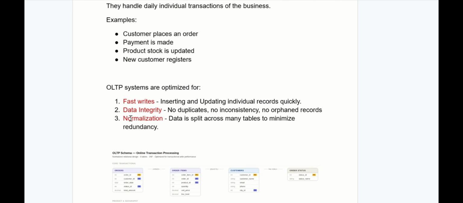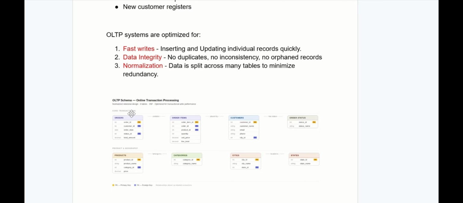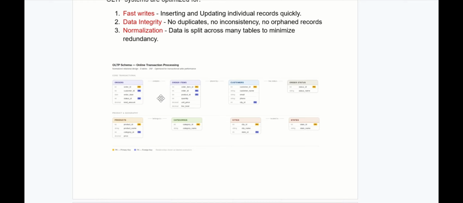In this system we normally do what we call normalization, where we split the data into many tables so that we can reduce redundancy. We shall see more about normalization in the next session as we build this OLTP system from scratch.